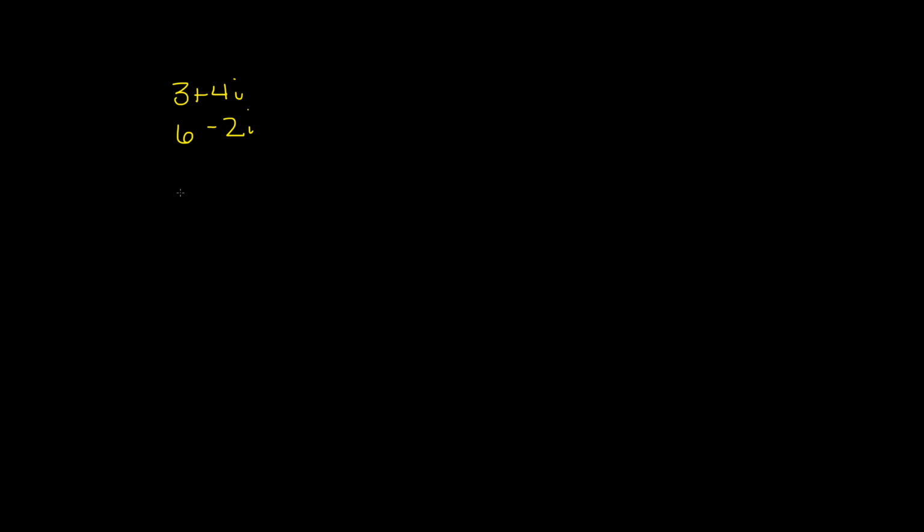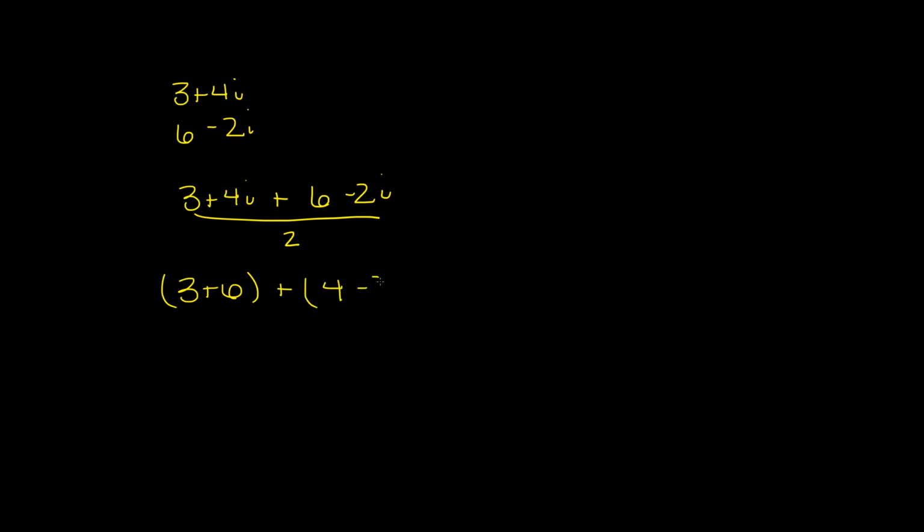Take the average of those two: 3 plus 4i plus 6 minus 2i. I'm going to group my real and group my imaginaries, and this is divided by 2 because there are two values. So this is 3 plus 6 plus 4 minus 2i, divided by 2.